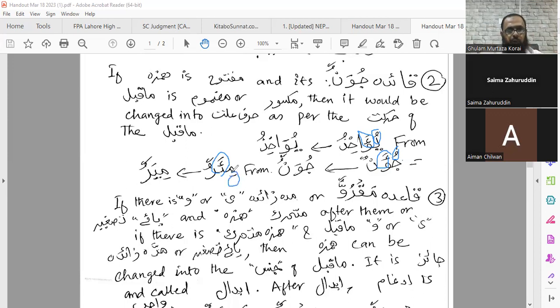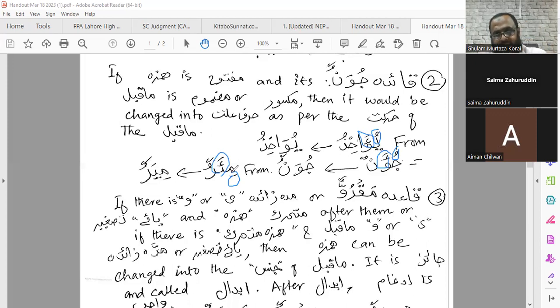So again, for the sake of repetition, repetition is the mother of everything. We are saying that if there is a Hamza and it is maftuh in the kalima, and its ma qabl is either madmum or maksur. These are the conditions. This is the second condition.